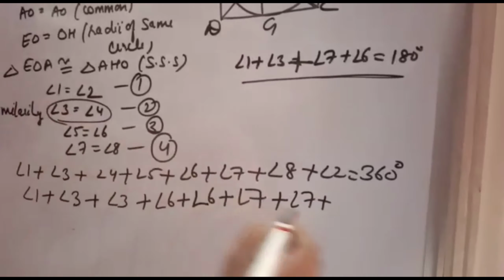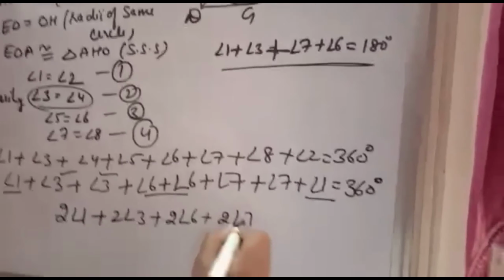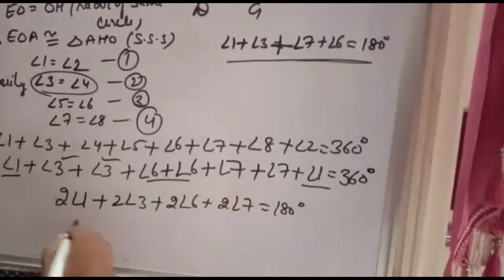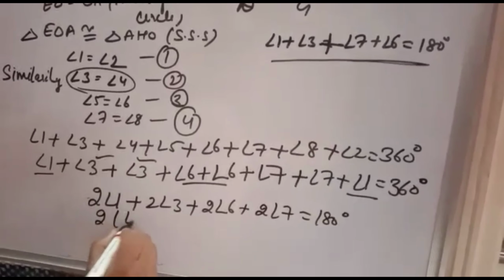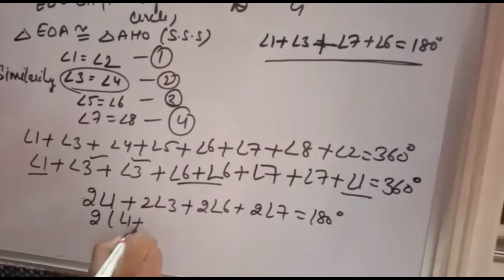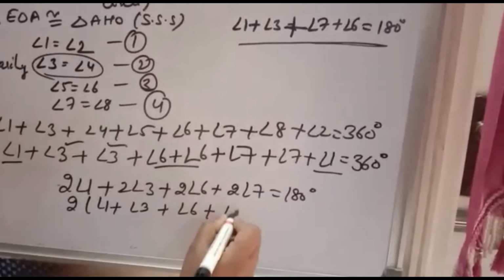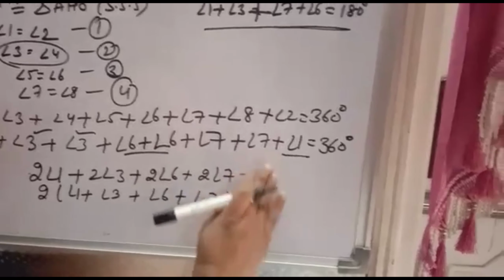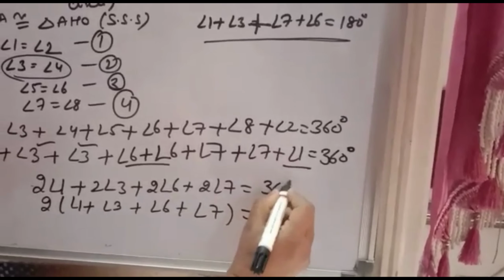So you can write like this. Now angle 1 plus angle 1, 2 angle 1; angle 3 plus angle 3, 2 angle 3; angle 6 plus angle 6, 2 angle 6; angle 7 plus angle 7, 2 angle 7, is equal to 360 degrees. So 2 you can take common, you will get angle 1 plus angle 3 plus angle 6 plus angle 7 is equal to 360.